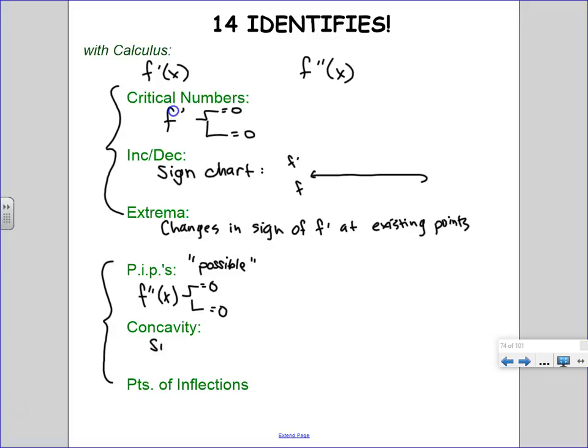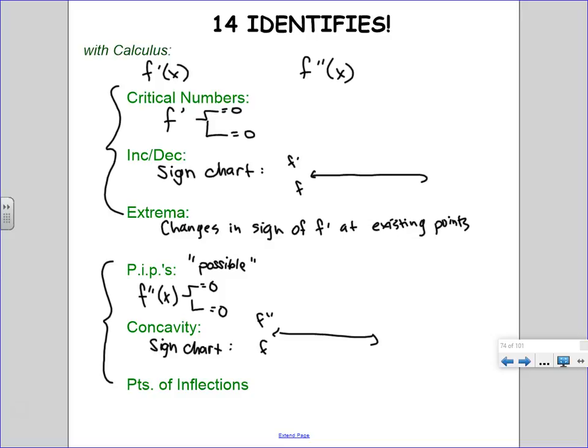Concavity, we do a sign chart, right? But who's on top of the sign chart this time? F double prime. What numbers am I marking intervals in the sign chart with? Possible, the pips, and who else? Don't forget, discontinuities.